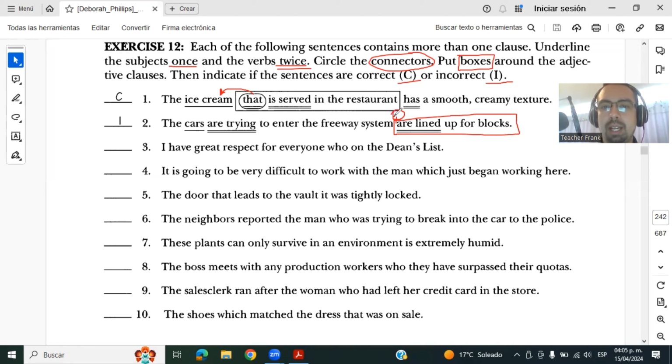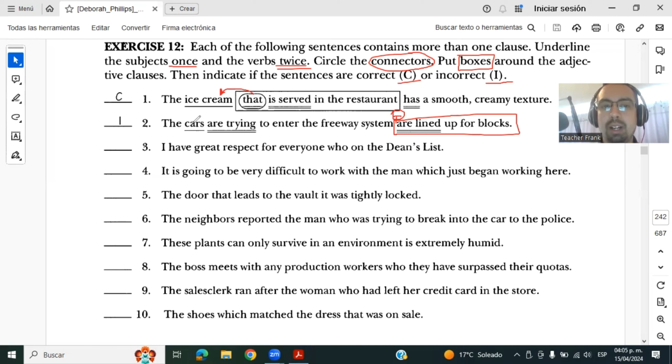It could be the cars are trying to enter the freeway system that are lined up for blocks or which are, right? Well, in this case, it's going to be that because it's plural, but it could also be which. So the cars are trying to enter the freeway system. No, no, no. This is incorrect, right?